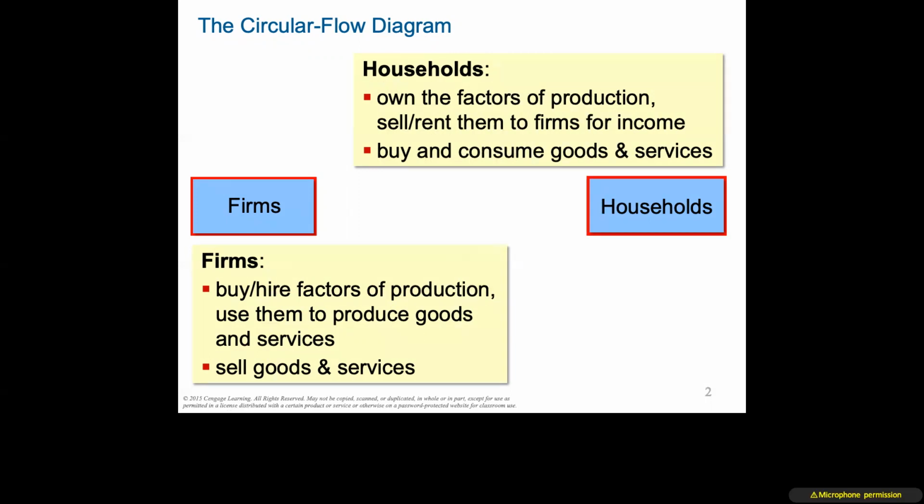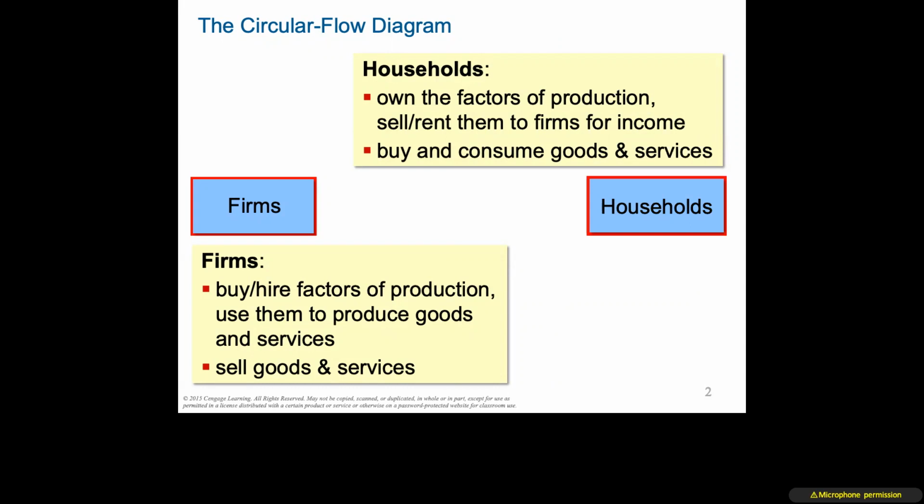And we as households also buy and consume goods and services. Firms, on the other hand, buy or hire the factors of production. So for instance, they may buy land or they may rent land. They may hire laborers and they use them to produce goods and services.